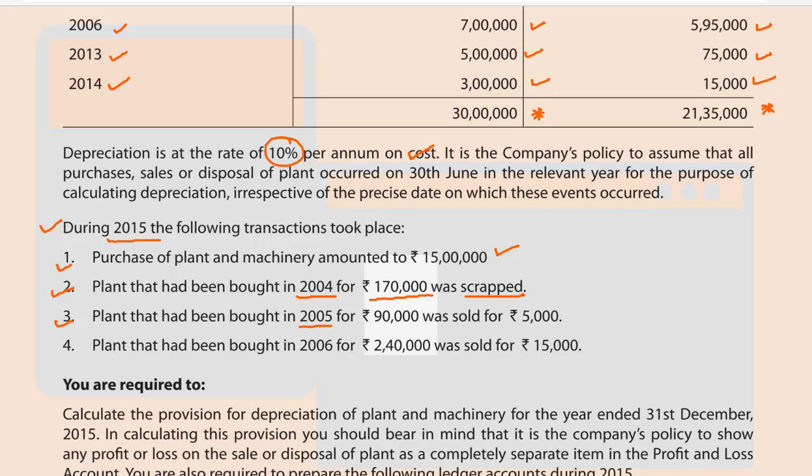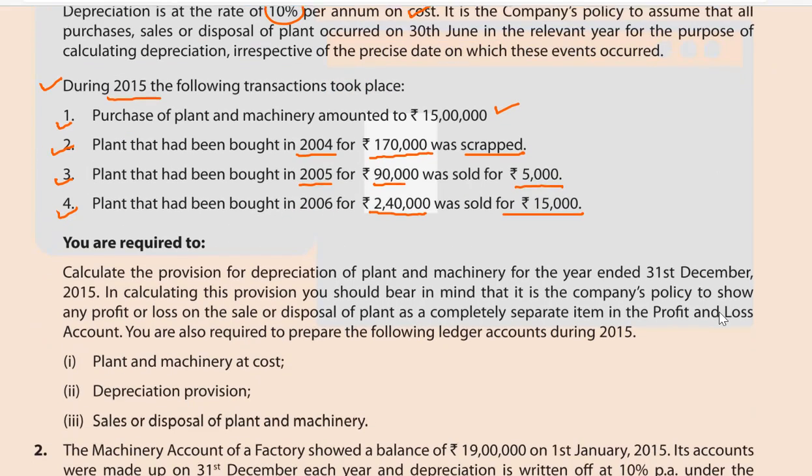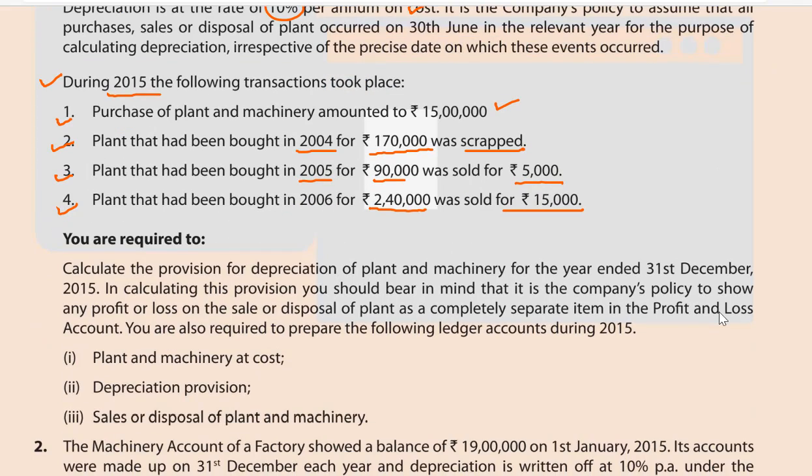Third, plant that had been bought in 2005 for 90,000 was sold for 5,000 in 2015. Fourth, plant that had been bought in 2006 for 2,40,000 was sold for 15,000 in 2015.